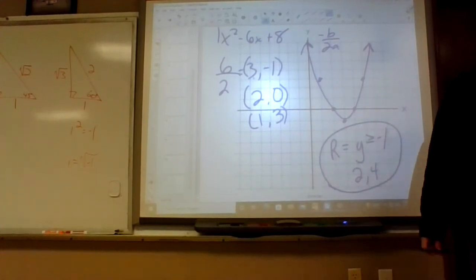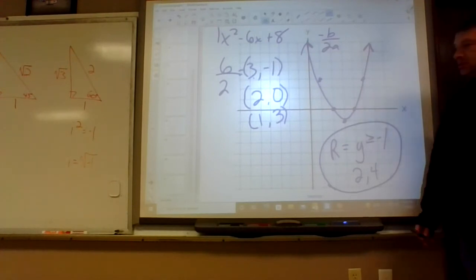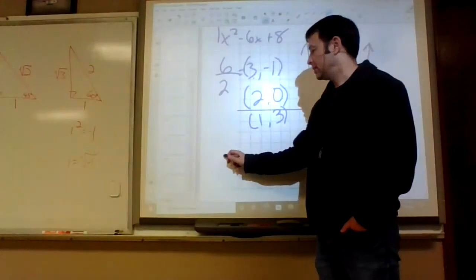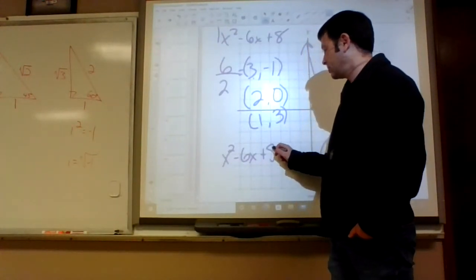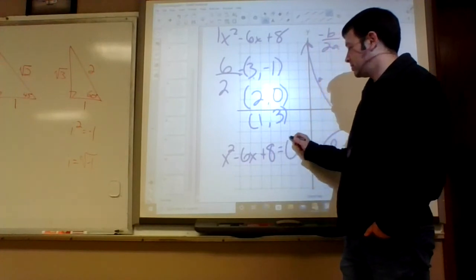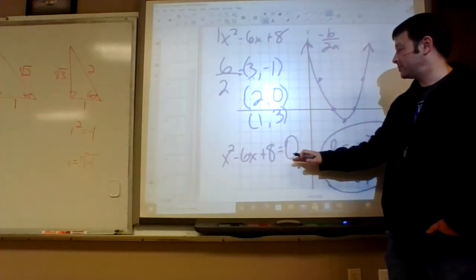How could we have found the zeros of the function without graphing? Plug in 0? No. It's what x value makes the function equal to 0.